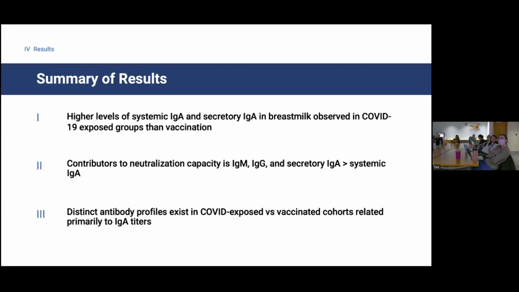So in summary, we know that there's high levels of systemic and secretory IgAs in breast milk in the COVID exposed groups. We know that the main contributors to neutralization capacity are the IgMs, IgGs, and secretory IgAs, more than the systemic IgAs. We know that there's a distinct profile in these antibody subtypes in COVID versus the vaccine groups.